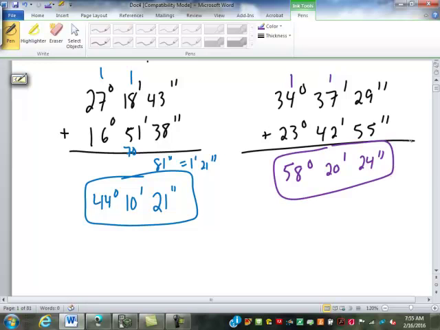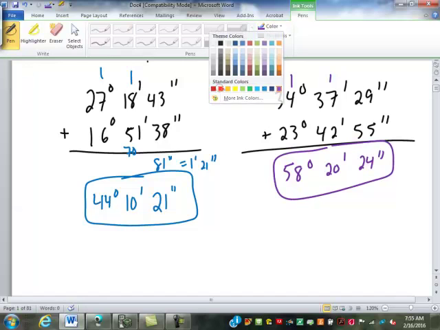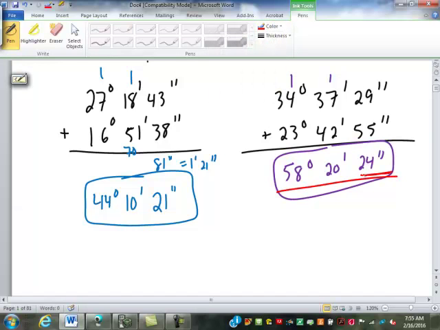So the calculator was right and you were wrong? Yeah. Okay, well. I got 20 and then, yeah, 24 seconds. Yeah. Okay. Calculator's right. Well, did you see what you did wrong? You only took 50 away instead of 60.